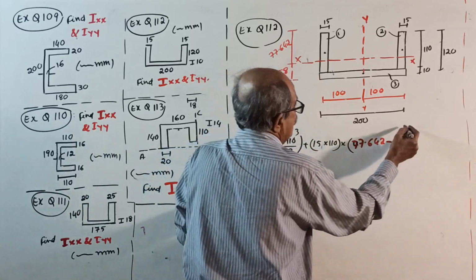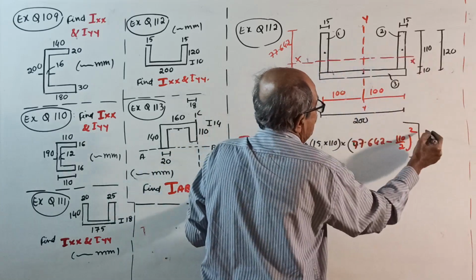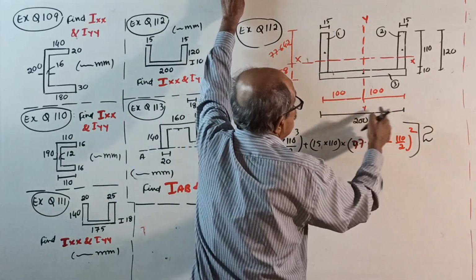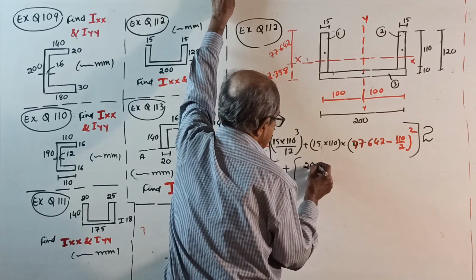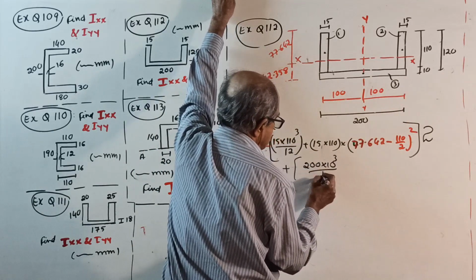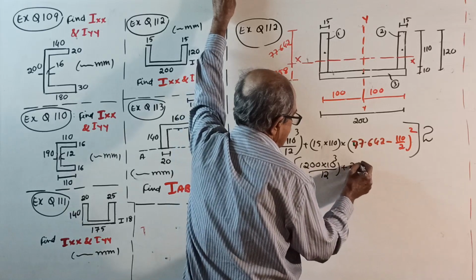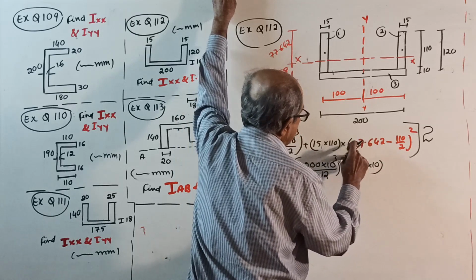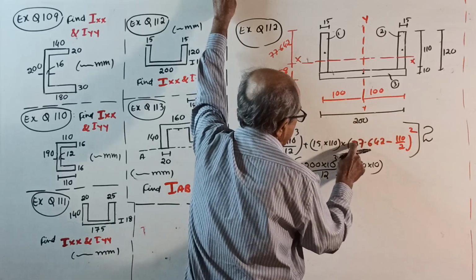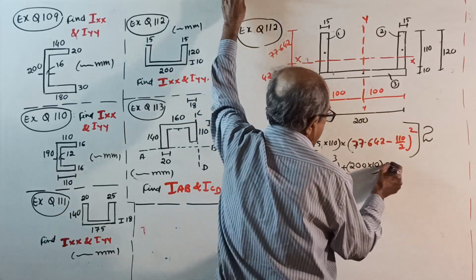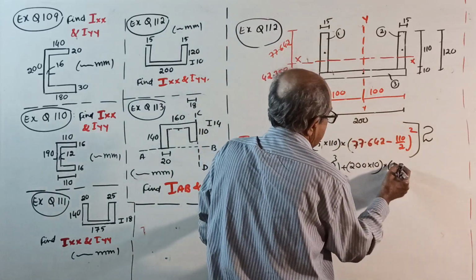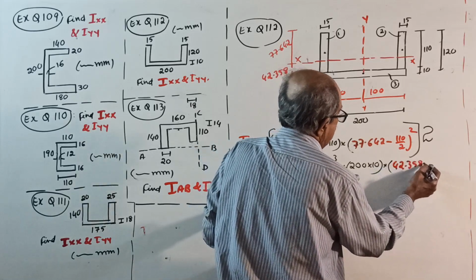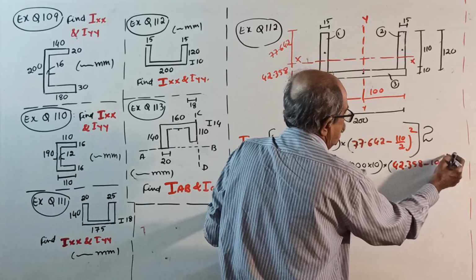Then this is identical here, multiply by 2. Plus for this one, 200 into 10 cube by 12, plus area 200 into 10, into bracket 42.358 minus 10 by 2 whole square.